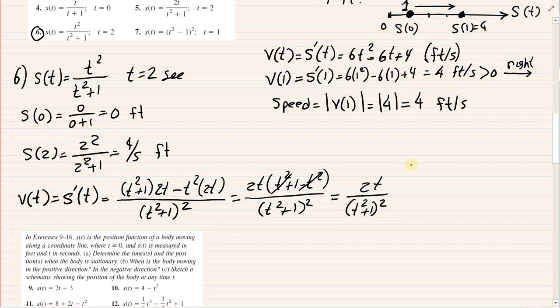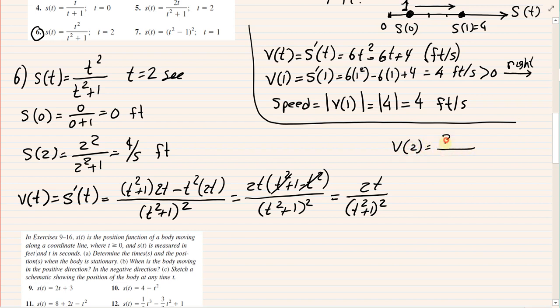And now for 2 seconds later, the velocity at 2 seconds later is going to be 2 times 2 over 2 squared plus 1 quantity squared, and that's going to be 4/25. So it's not fast, huh? 4/25, that's almost 4 divided by 20, that's 1/5, right? So it's not even 1/5.